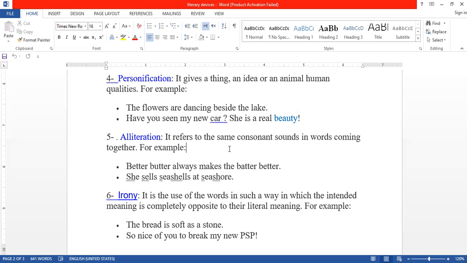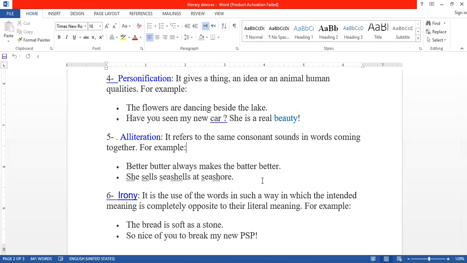In alliteration, we refer to the same consonant sound. B, b, b, b, as you can see. Better, butter always makes the butter better. Here, we are repeating the same letter, B, in the same line. Yes or no? Yes. This is what we call alliteration.